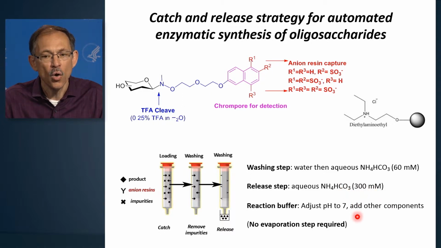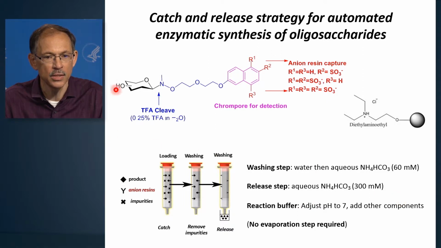And then by adjusting the pH, by just simply adding acetic acid, a buffer is obtained that is appropriate for the next enzymatic reaction. And we have found that by adding the right components, almost every glycosyl transferase works in such a buffer.